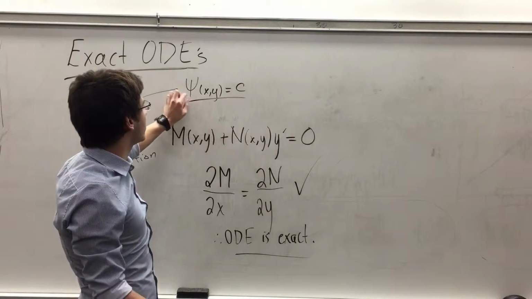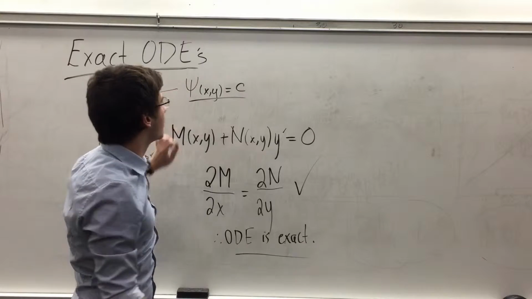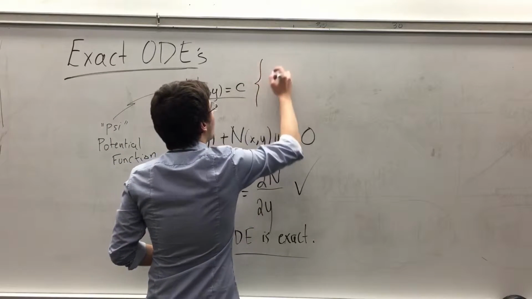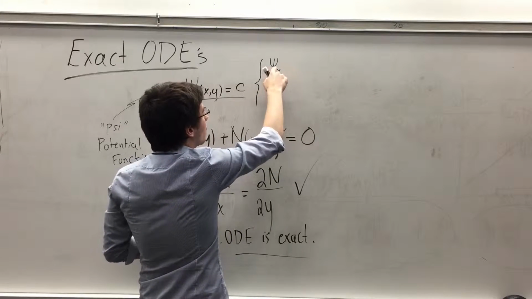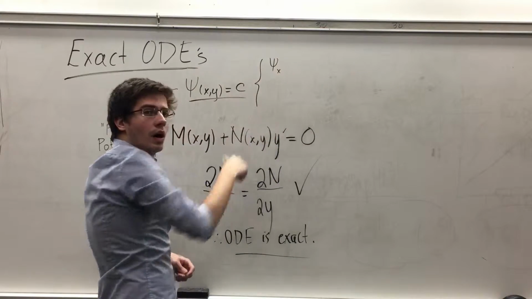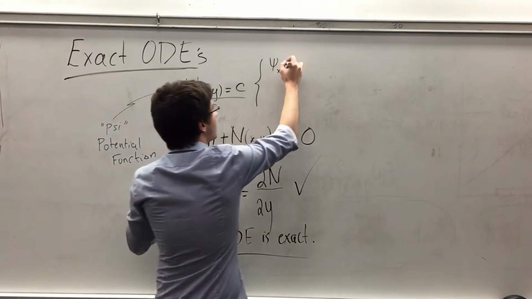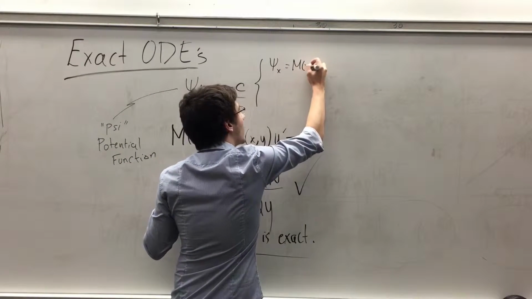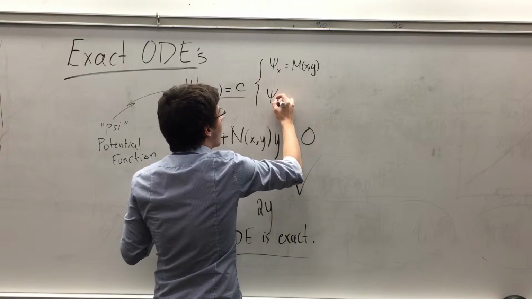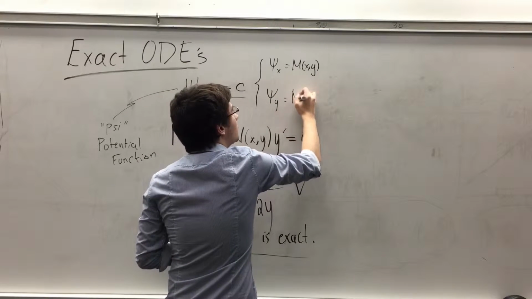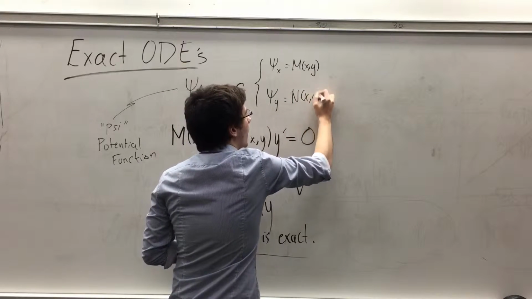But how do you find this potential function psi? Well, we know that its derivative, the partial derivative of psi with respect to x, is equal to M of x and y. And the partial derivative of psi with respect to y is equal to N of x and y.